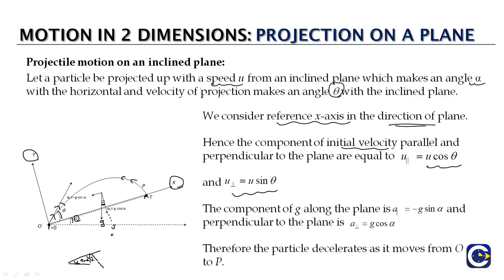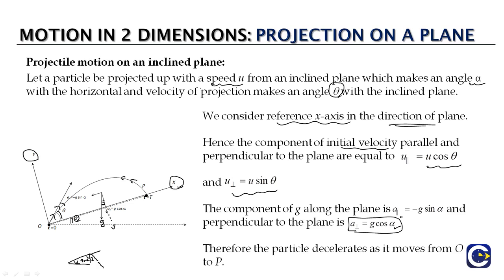If you resolve g into components, the component of g perpendicular to the plane will be g cos alpha. Here alpha is the angle made by the inclined plane with the horizontal, and remember theta here is the angle made by the projectile with the inclined plane.